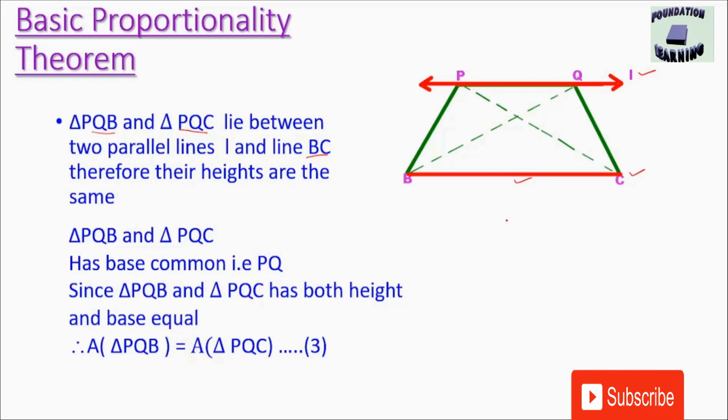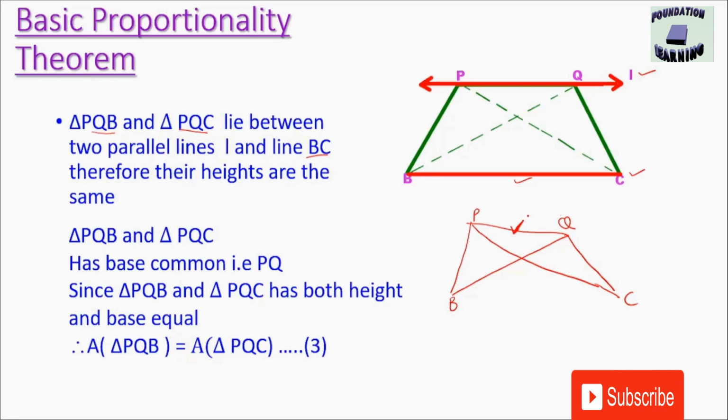the same, right? But now remember, PQB is here and PQC is here. What is the common thing about them? You can see the height is the same, so we are not going to take the height. Here you have P, Q, B, and here you have P, Q, C. So what is common?